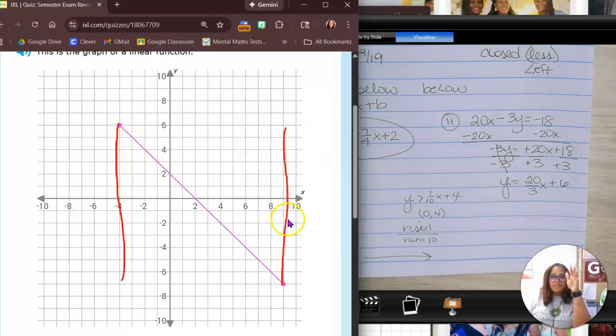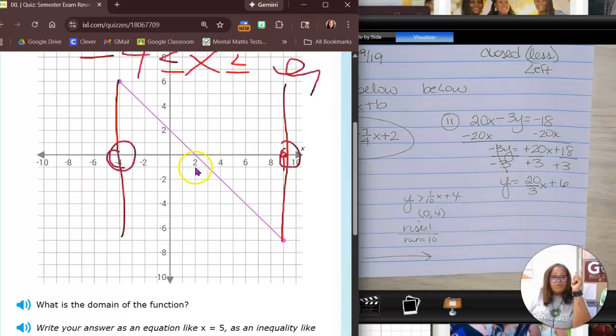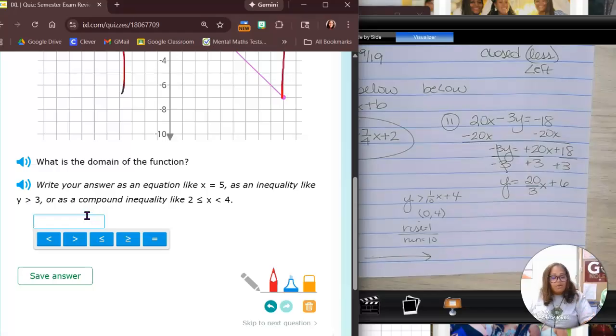I really don't need the top and bottom because it's not asking for range. So I would need this number here and this number here, which is 9. 9 and negative 4, and then I need my equal to symbol because the circles are closed. So negative 4 is less than or equal to x, which is less than or equal to 9, would be my domain here.